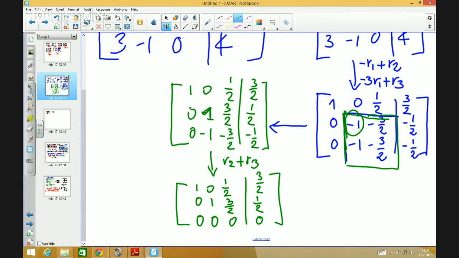Okay, so now the algorithm says, look at the matrix that you have below. But that's only zeros. So we stop.